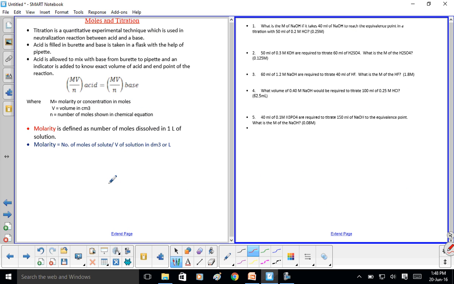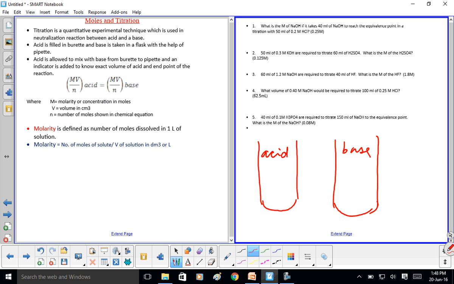Now here is another question based on titration. Titration means we take an acid in one container and a base in another, and we mix them together for a neutralization reaction.